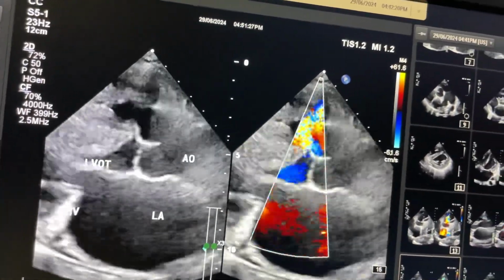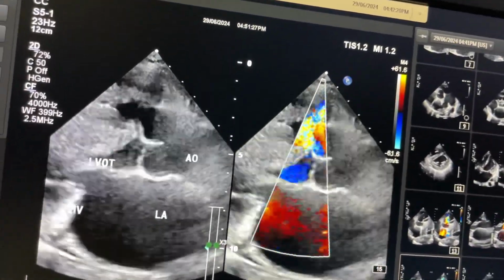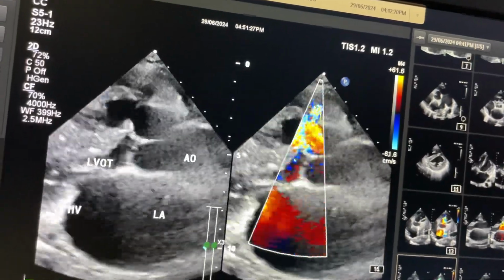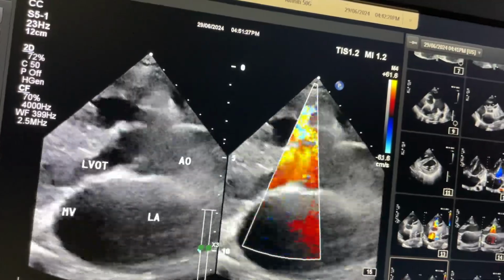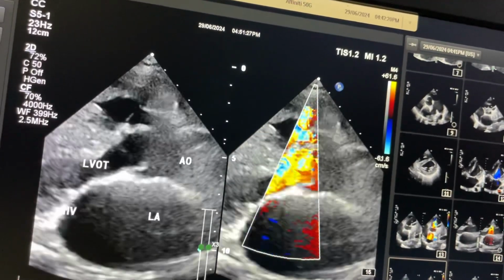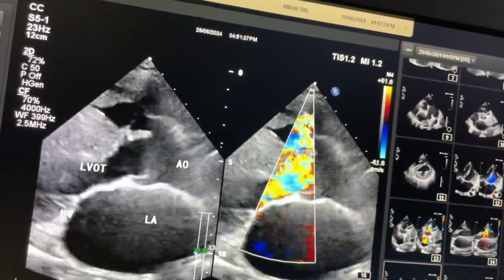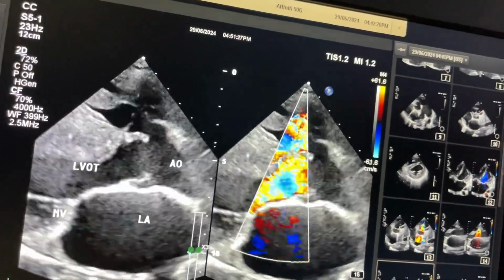You can see the continuous flow that happens at the rupture region. If it was the case of VSD, or if it was the case of RSOV, then it would have flow only during systole, not during diastole.